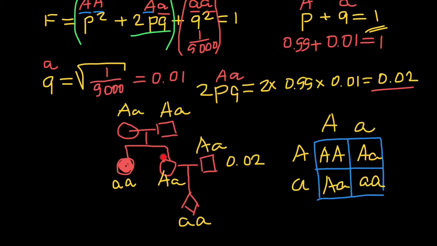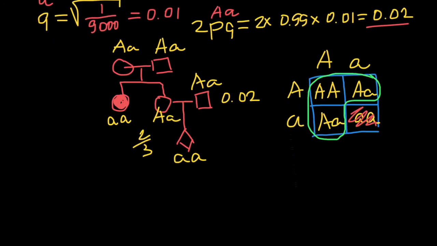We know for sure that Maria doesn't belong to this genotype like her sister, otherwise she would be affected. So we can exclude this variant. She is healthy and belongs to one of these genotypes. According to this Punnett square, her probability of being a carrier is 2 out of 3. So we can put this number here: 2 out of 3.